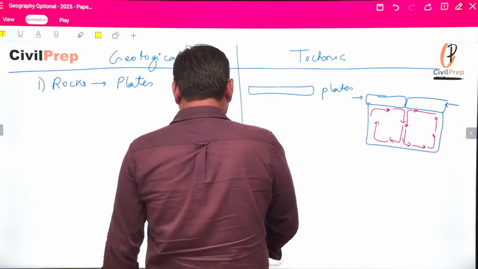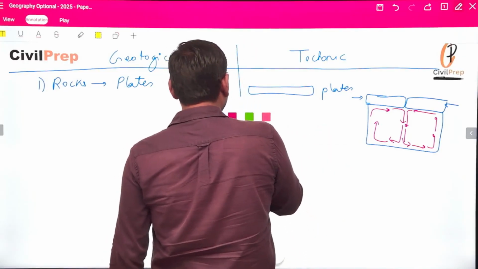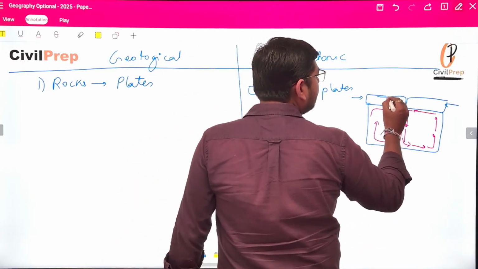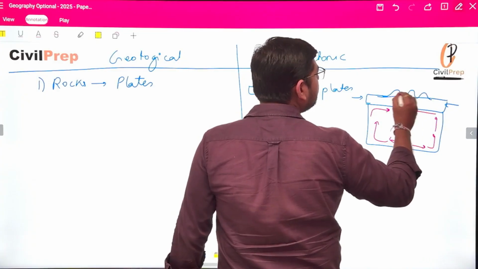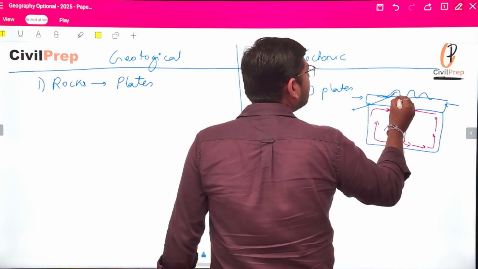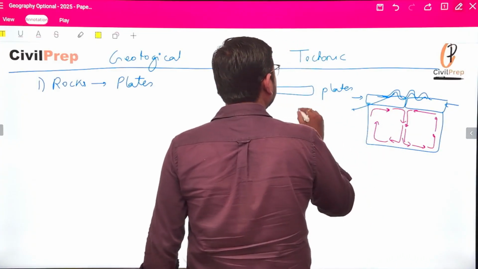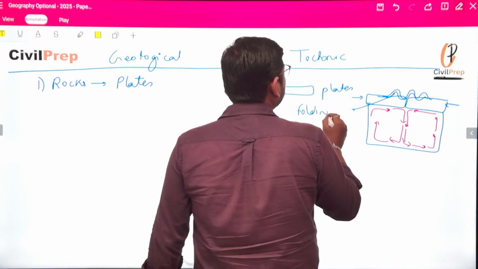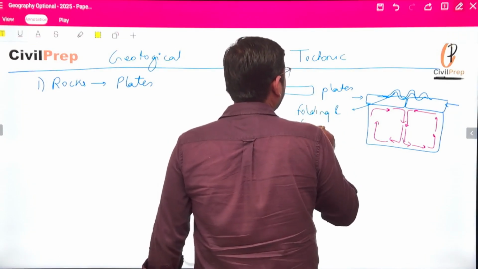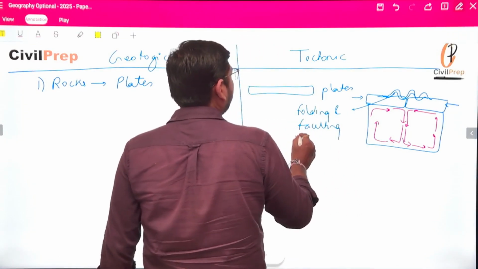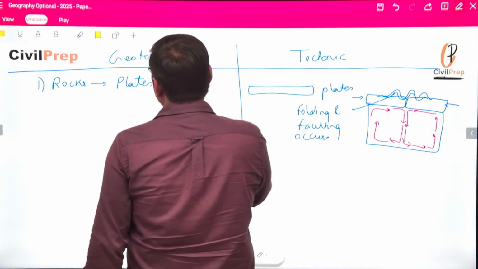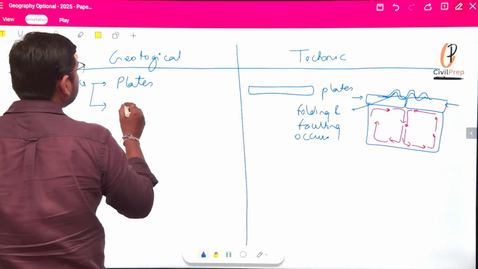So because of the convection current, it results into the formation of a suture zone, where the folding and faulting occurs. This folding and faulting process is part of the geological process here.